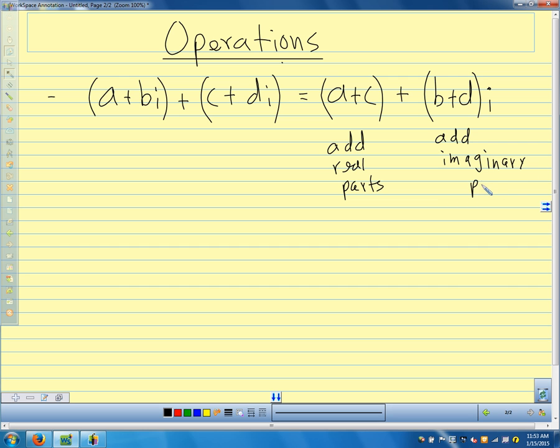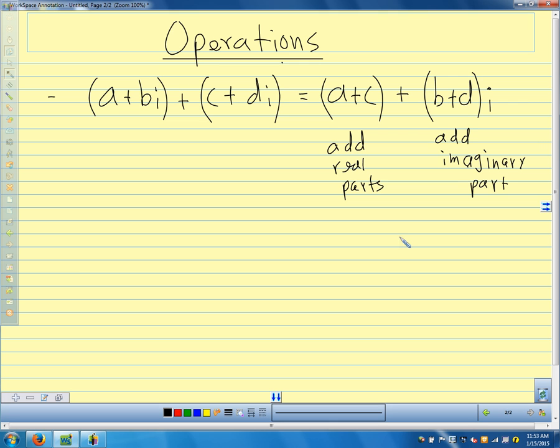That's just relating back to the way we worked with complex numbers first semester. This is like the x component and the y component of a vector. That's kind of why we think of them that way.